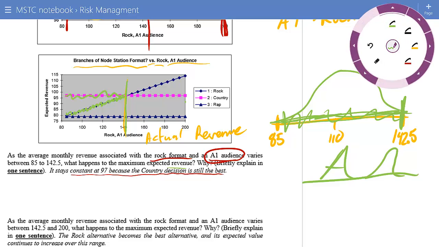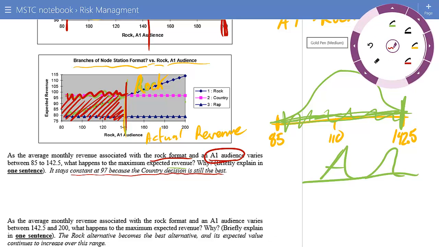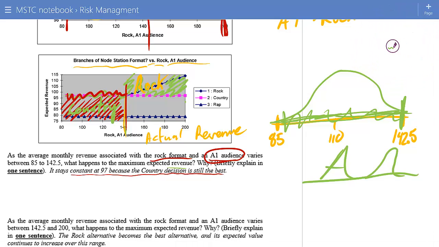So you're basically going after these values right here up until this point, in which case it turns over and rock becomes more profitable, and you turn into a rock station instead of a country station. This is still profitable to choose country, and this over here will be more profitable. But you have to make sure that you're earning at least 140 or greater with a rock audience, because that's the only point where you'll switch.